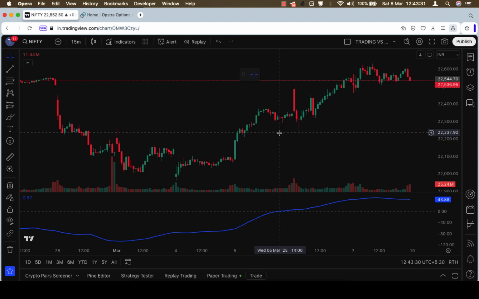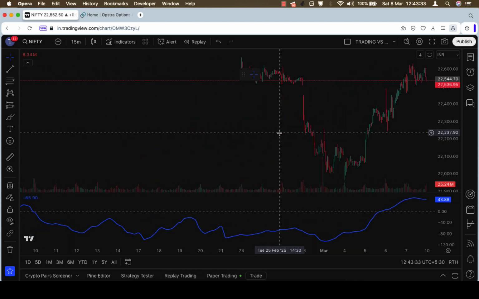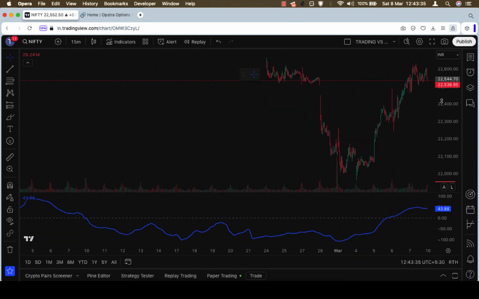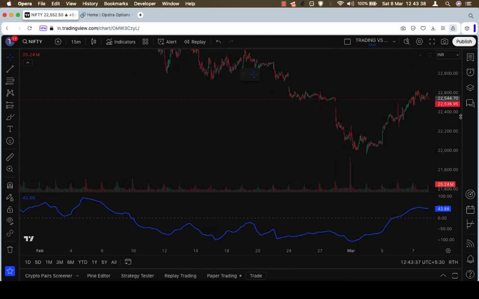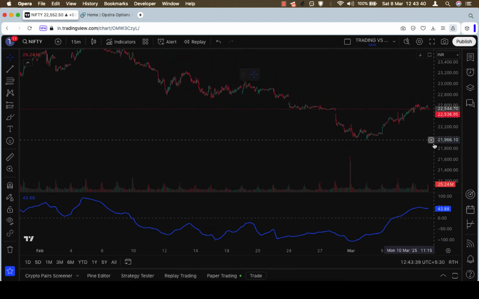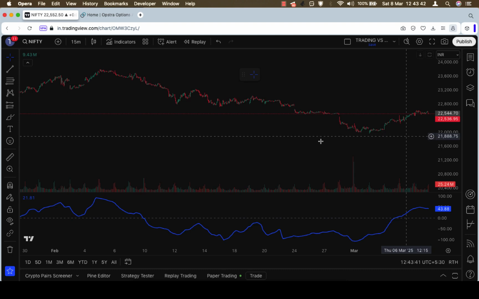This is a fantastic oscillator. We have been using it for more than a year now. This is a non-repainting oscillator.